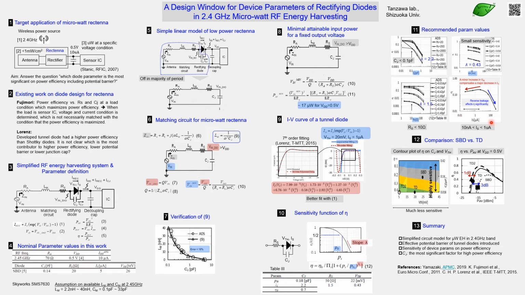Therefore, if your IS is greater than 10 microampere, this diode always flows 10 microampere as an offset.